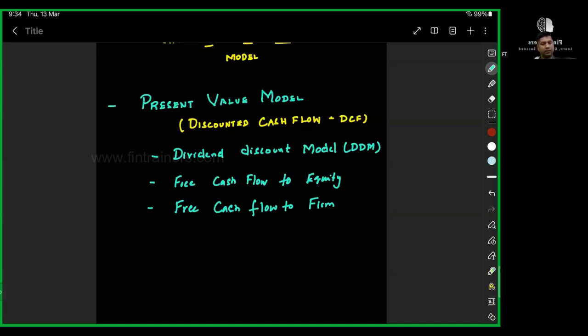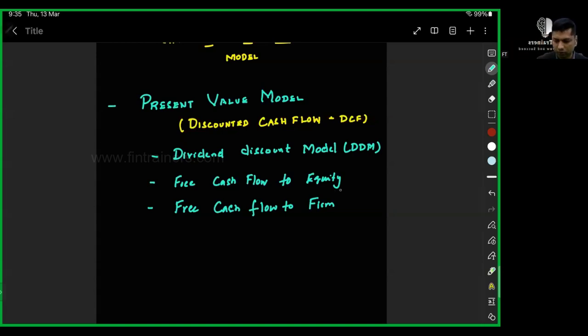Cash flow to firm means all, not only equity holders, but everyone else, apart from debt holders. So you have to include the interest also. We will not subtract it. Then obviously there's a tax benefit with interest. We like interest because it gives you a lower tax, right? So you need to adjust for the tax shield and then calculate the free cash flow.